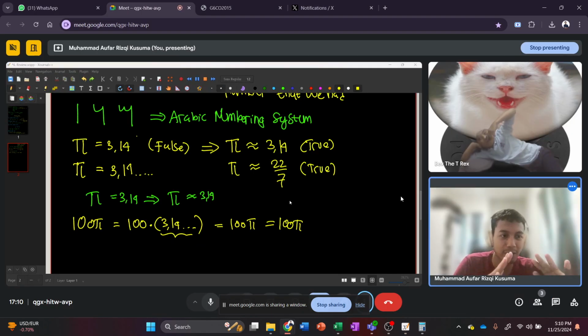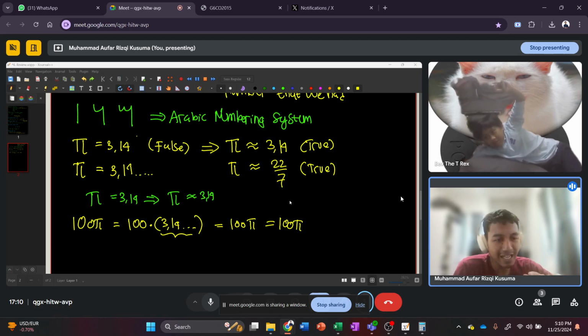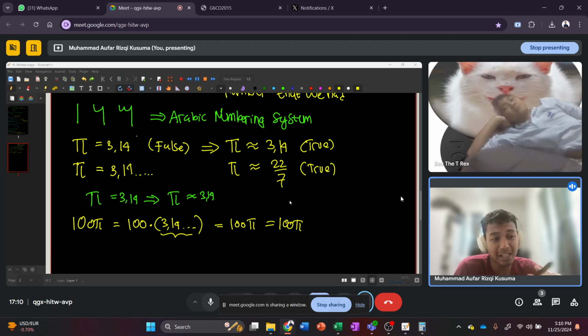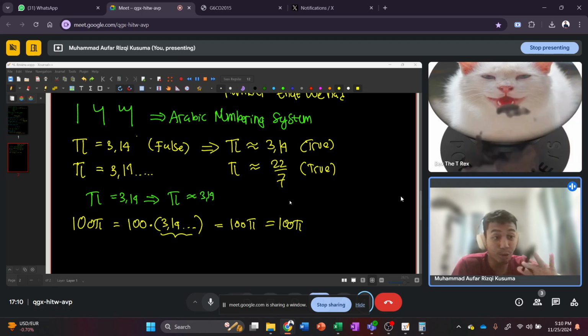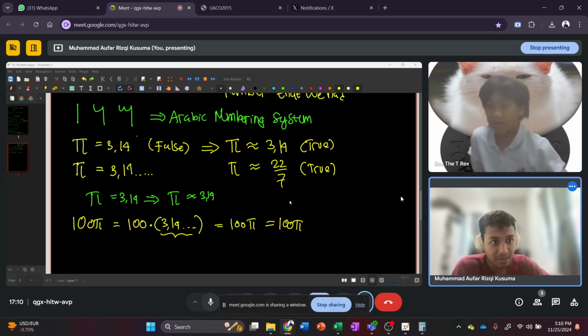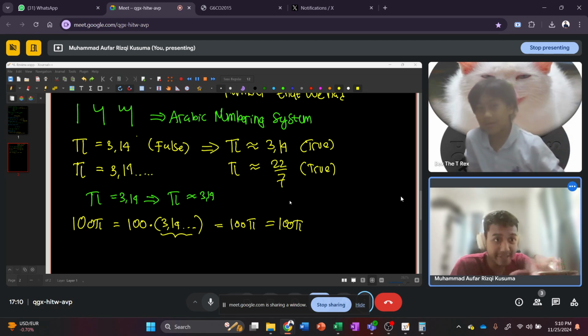It's the most perfect way to represent pi. So don't change it to another number, because other numbers won't be equal. They're just close to it.